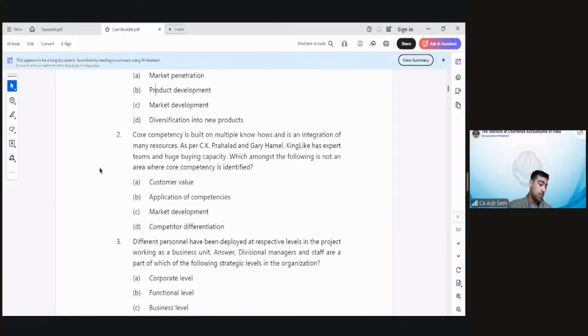Question number 2. People saying market development, I'm getting competitive differentiation, I'm getting application of competency, I'm getting market development. Okay, very good. Write down your option somewhere. We'll see what is right.